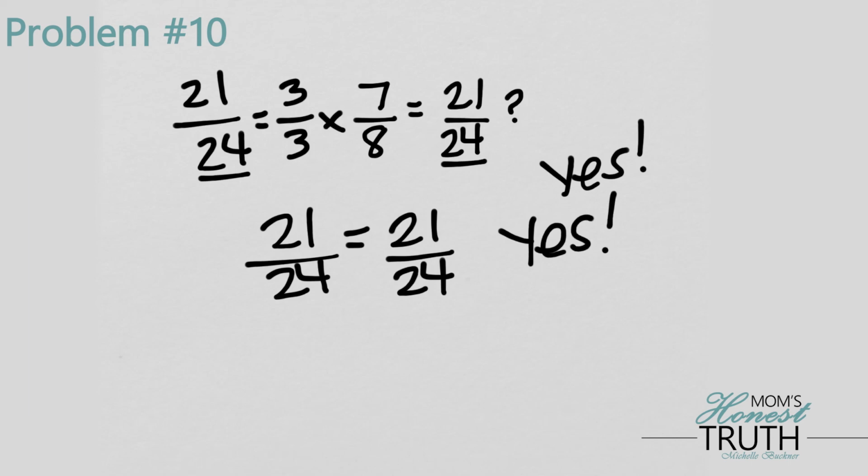Now you may have noticed that 21 over 24 can be reduced. 7/8 is also equal to 21 over 24. But we'll save that for another video. Great job!